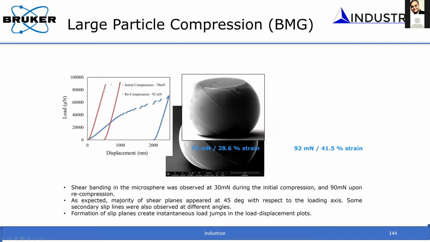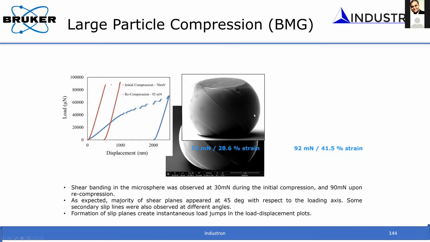The first load-displacement curve is on this material. You do one indent experiment, compression experiment, and you can see a huge jump. What it indicates is basically there is some shear deformation happening, and then you can re-compress the same material. You can see the small jumps. Each jump corresponds to a shear band formation.